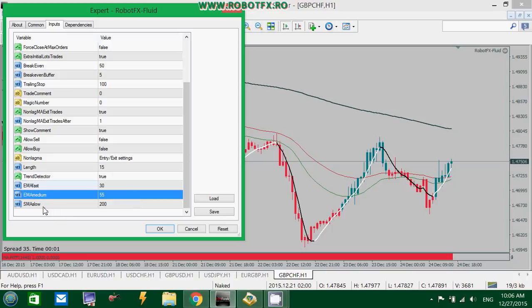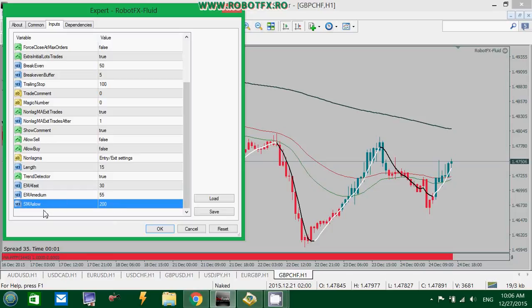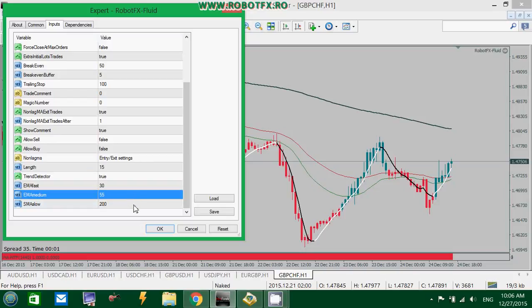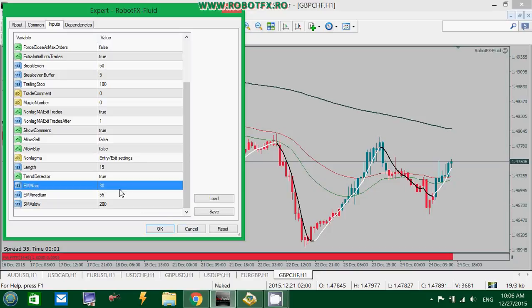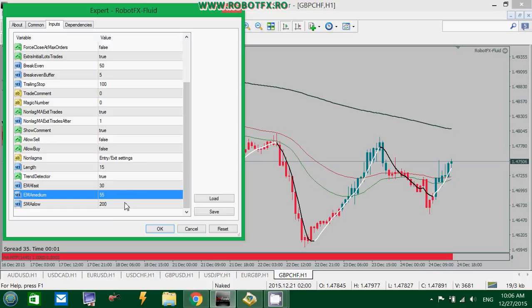And the slow moving average is set by default to 200. If the trend detector is set to true, it will consider opening trades only based on the trend determined by these 3 moving averages, as follows.